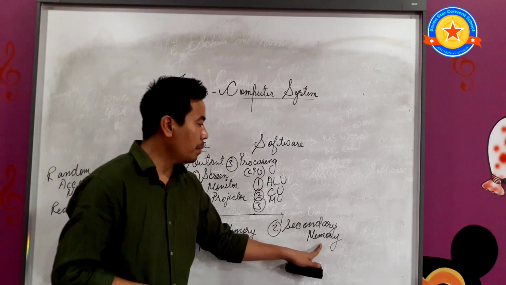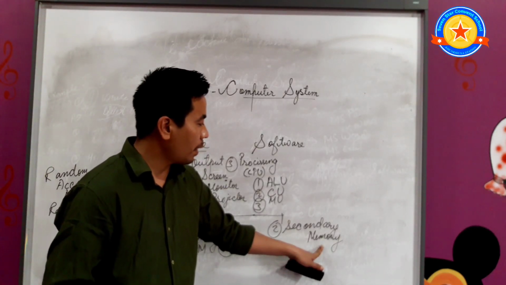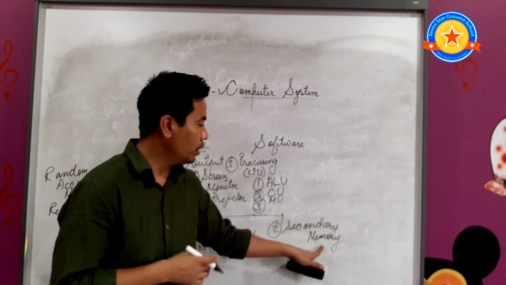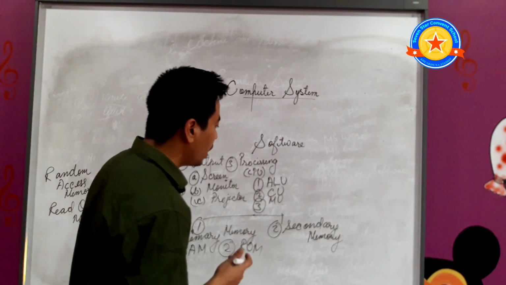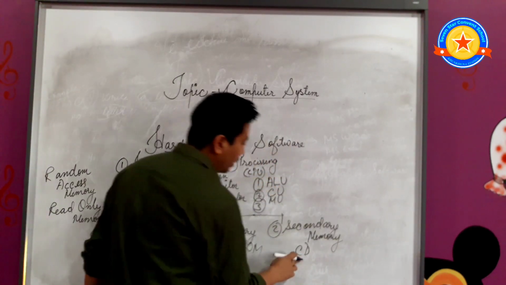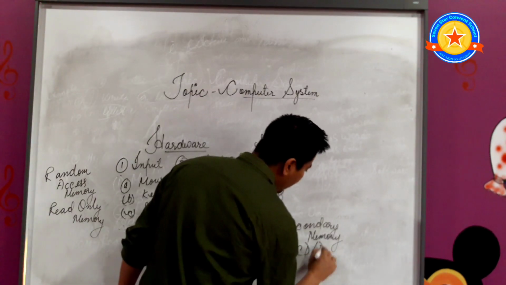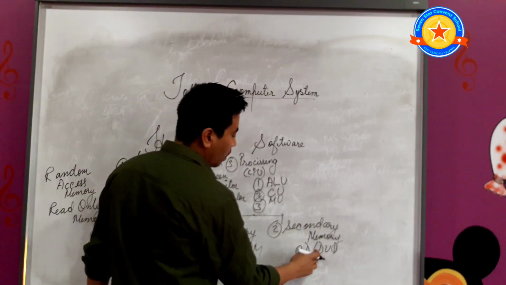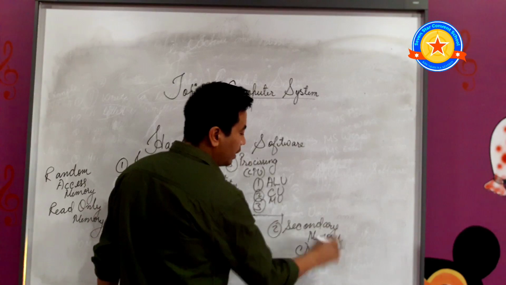So secondary memory, also called external or auxiliary memory. Some examples of secondary memory are: CD, which means compact disc, and DVD, digital video disc, sometimes called digital versatile disc.